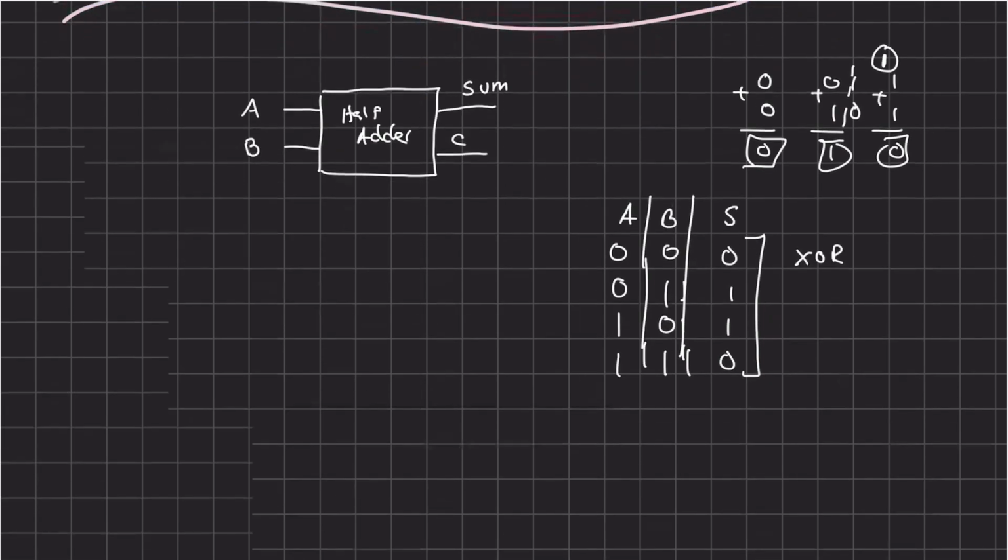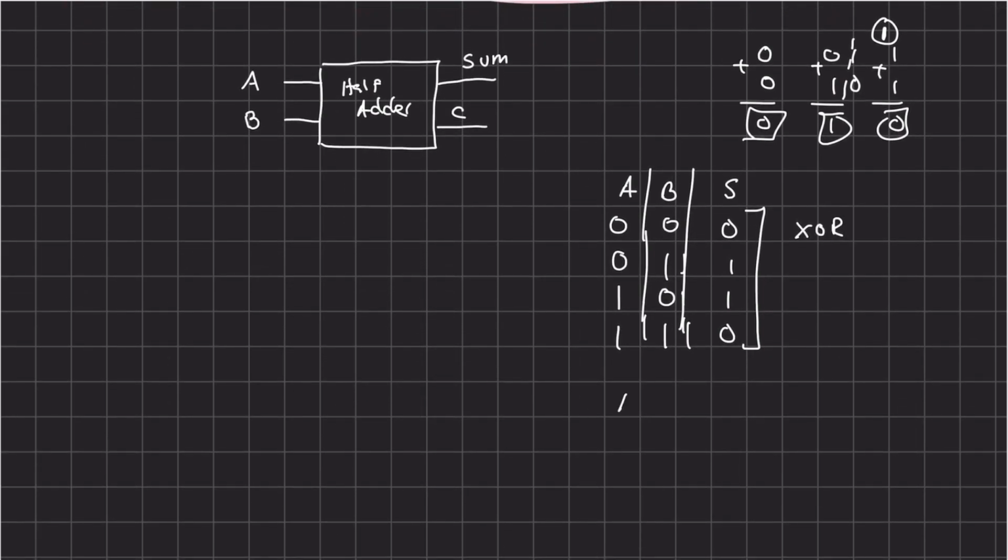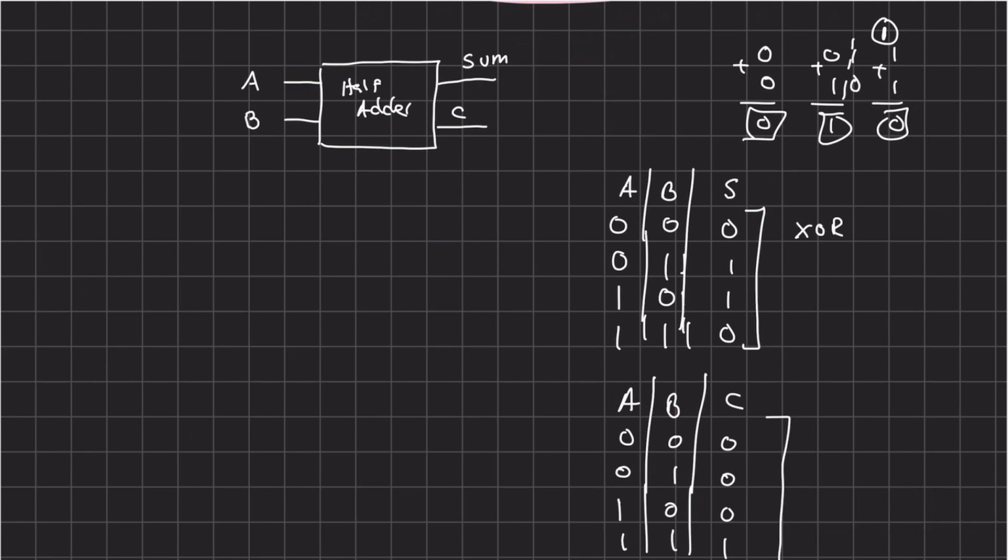All right. Now the carry, we have A, B, and the carry C: 0, 0, 1, 1, 0, 1, 0, 1. So we have no carry for the first 3 and a 1 at the last possible combination, 1, 1. So this is called an AND.